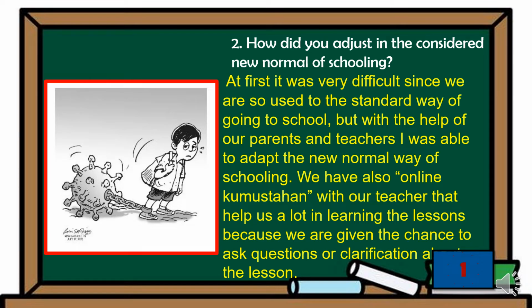We have also online kumustahan with our teacher that helps us a lot in learning the lessons because we are given the chance to ask questions or clarification about the lesson.